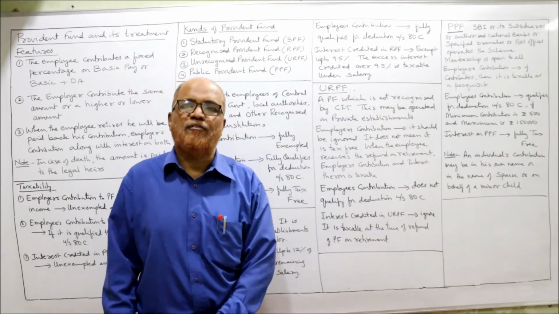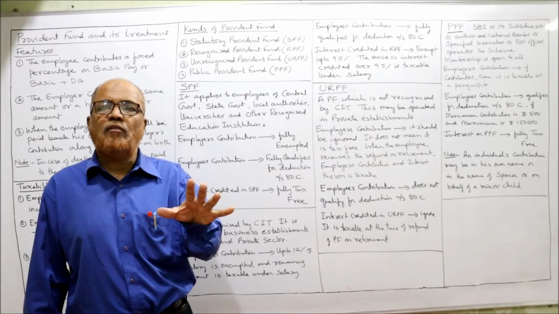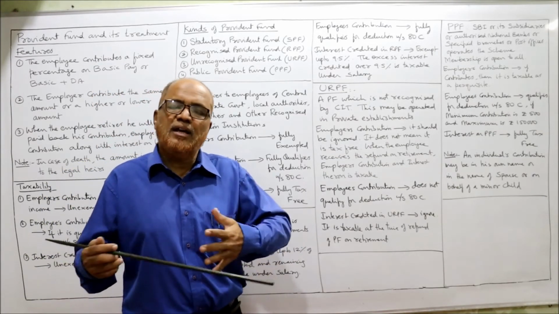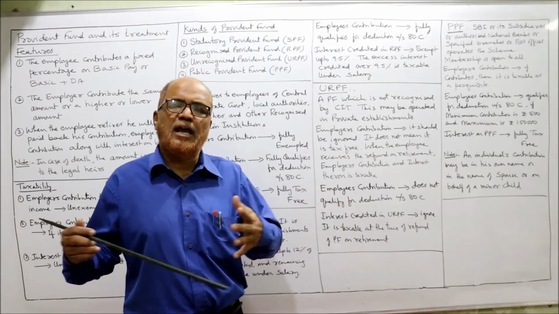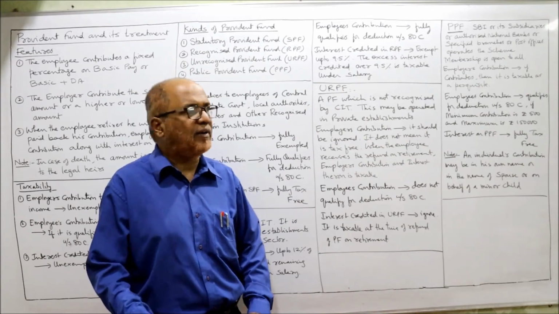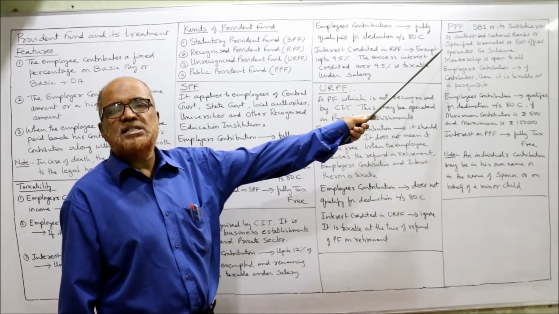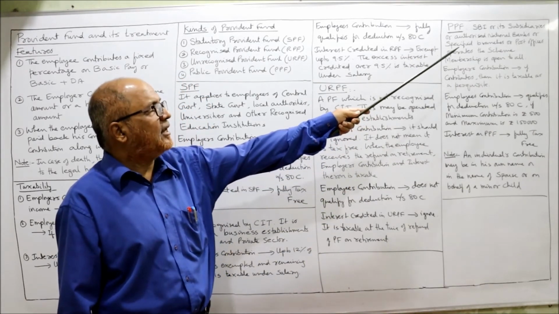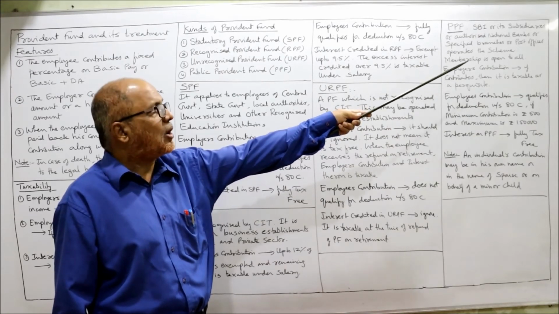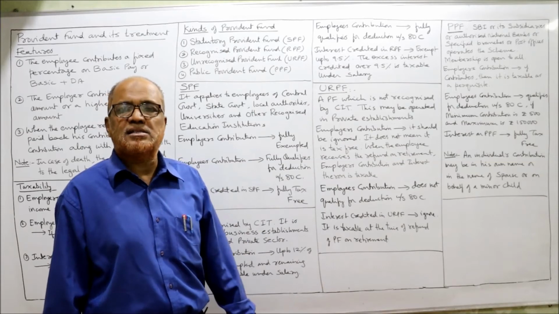Last is PPF, Public Provident Fund. This Public Provident Fund is open to everybody. Anyone can open an account with PPF. SBI, State Bank of India, or its subsidiaries or specified nationalized banks or post offices operate the scheme.